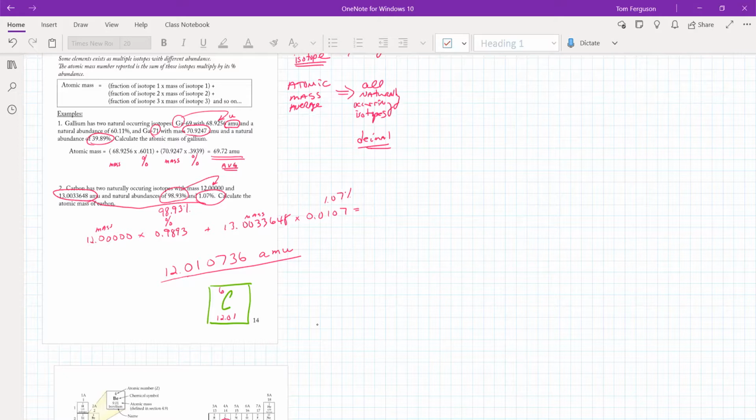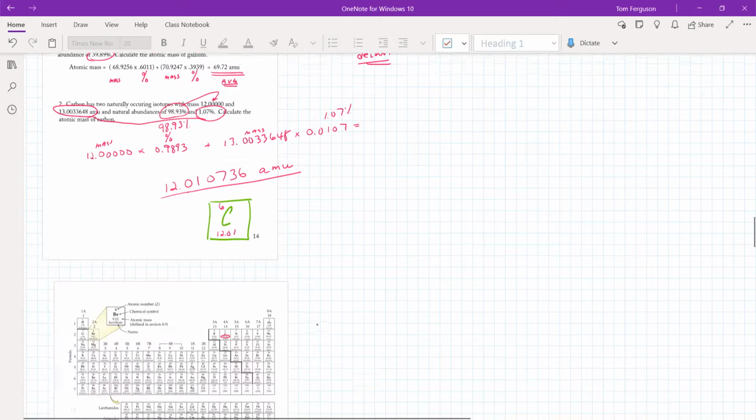Like with gallium, it was 60-40 basically. But with carbon, it was 99 basically versus 1. So it depends on the element. And in Chem 400, you'll talk about why one is more stable than another. Okay.